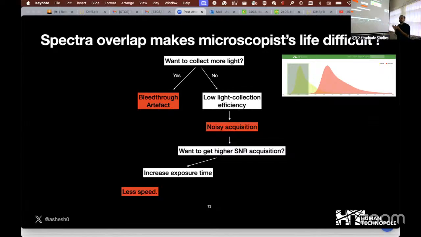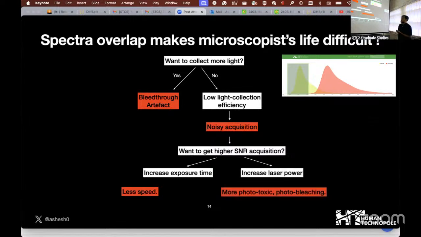And so you cannot do this if you use multiple fluorophores. The other option is you can increase the laser power. That is a possibility, but that has other issues like phototoxicity, photobleaching. Essentially, you don't want to bombard your specimen with too much light. So that is also a negative thing that people don't do.